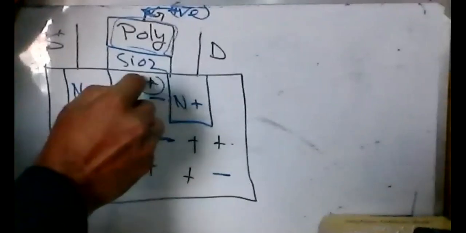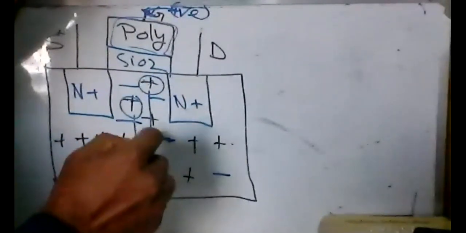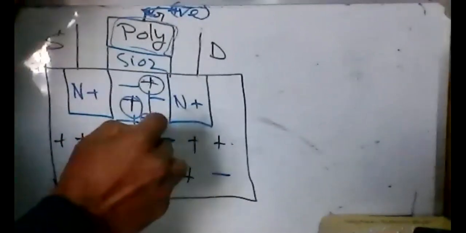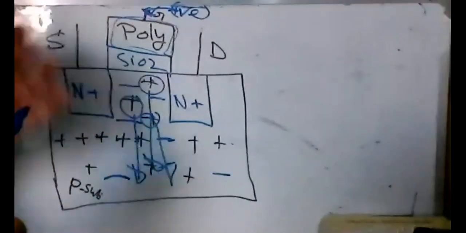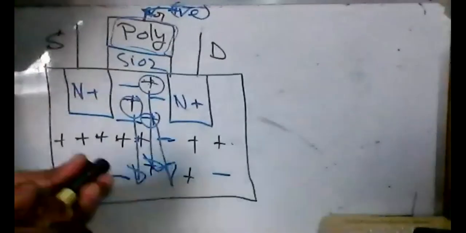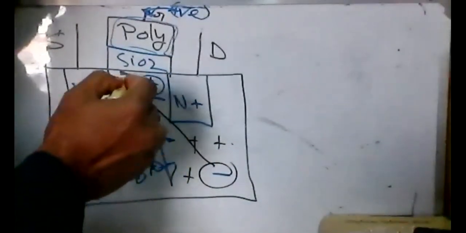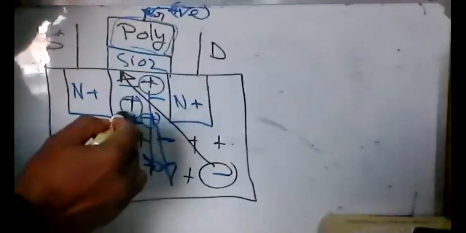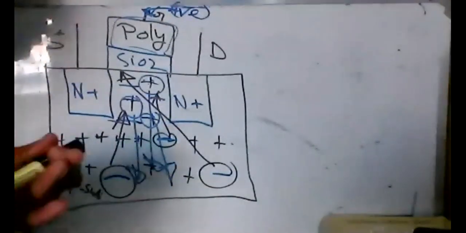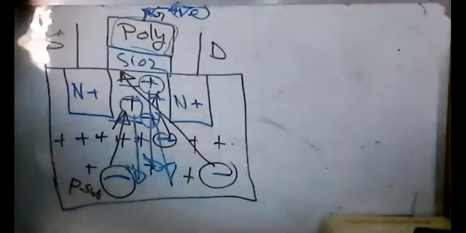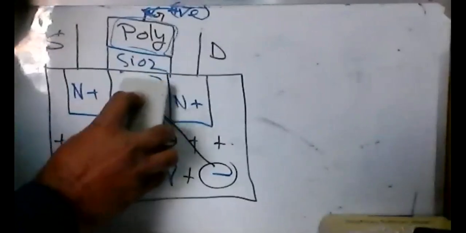So the holes will move down, all plus will move down, and the negative electrons will move up. So electrons will be moving up and the holes moving down, and ultimately what will happen?